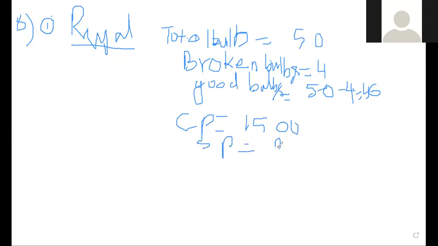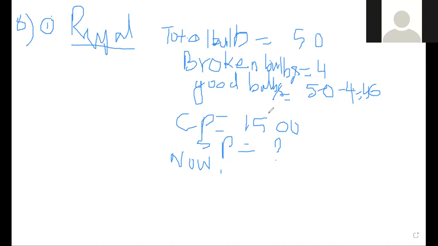Which formula will you use here? SP is also already given. How much is SP? Sir, each bulb for 35.